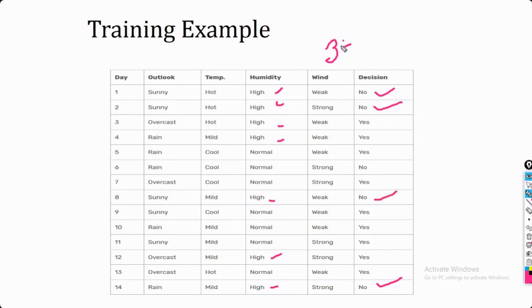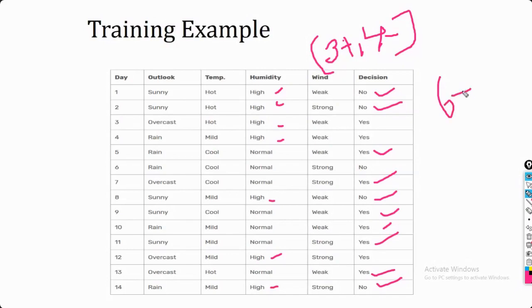Okay, it is 4, so 3 is your negative. So this 3 no and 4 yes is the case. We are going to do the same with your normal also. For your normal, 1, 2, 3, 4, 5, 6. 6 yes are there, so that means 1 is your negative. So this is the case.